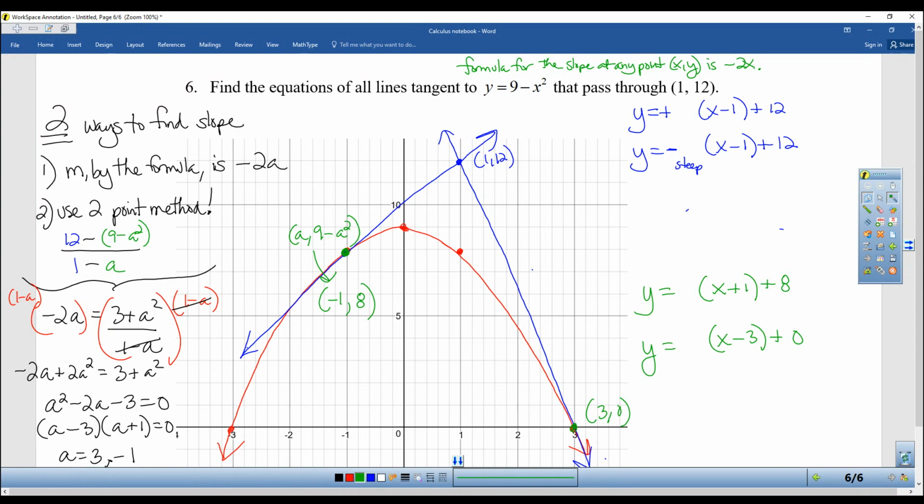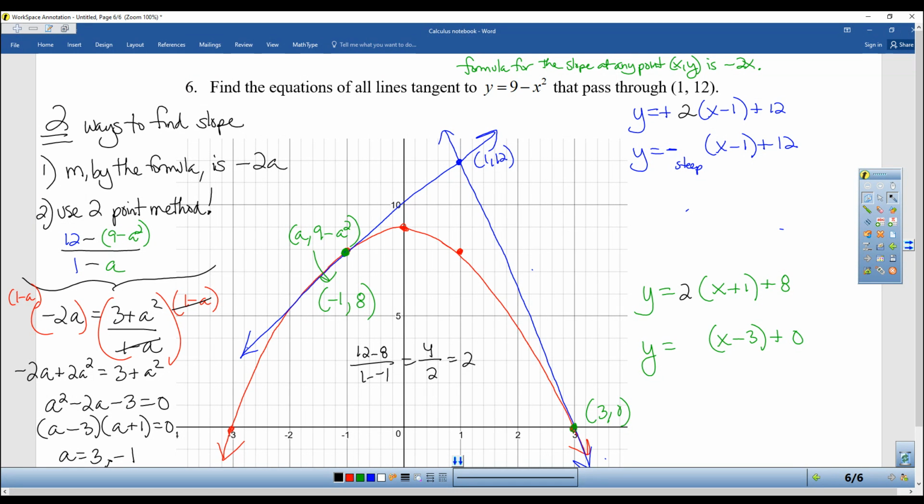So the question is, how do you find the slope? Again, now that you know the point, you can use the 2-point method. You can do 12 minus 8 over 1 minus negative 1 is equal to 4 over 2 is equal to 2. The slope is 2 for the negative 1, 8 point.